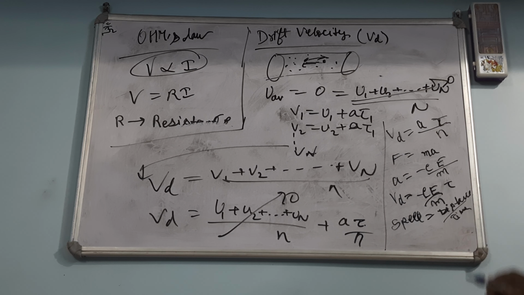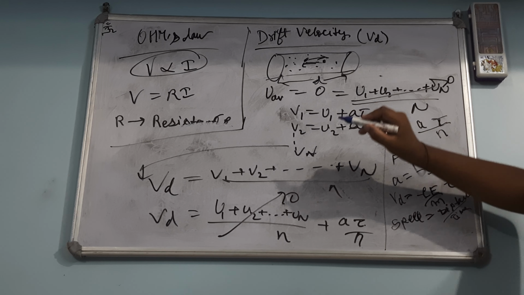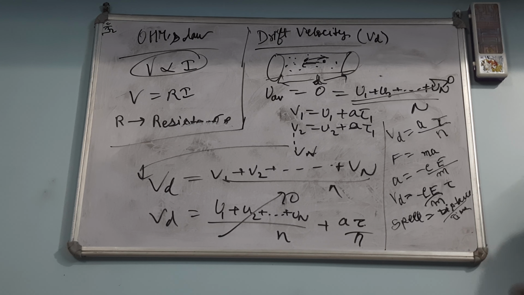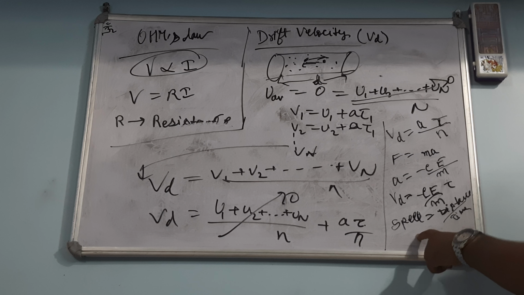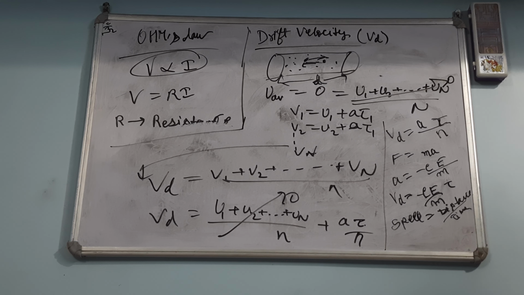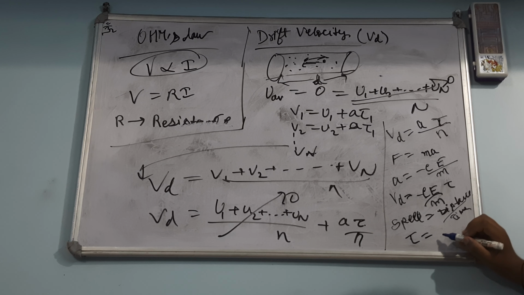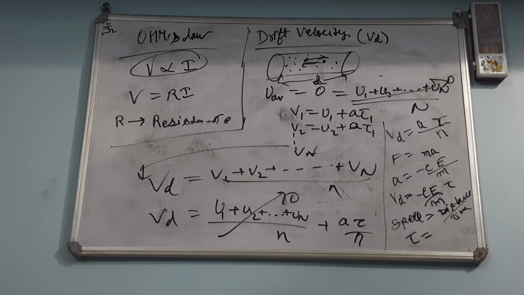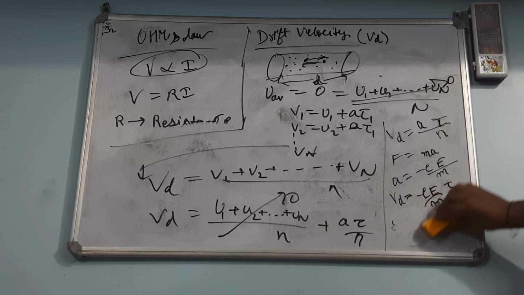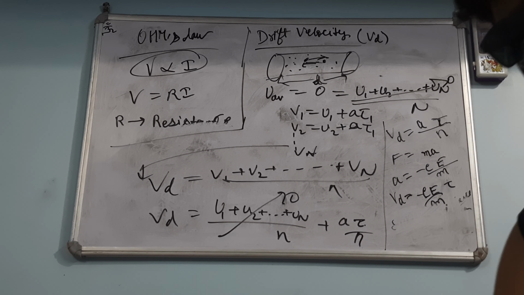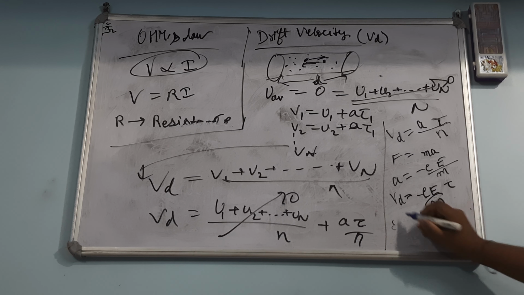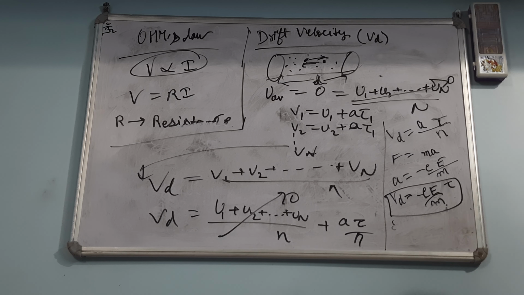So distance, let us assume it to be d, and the speed is Vd. I will tell that thing after this. So this we got our drift velocity.